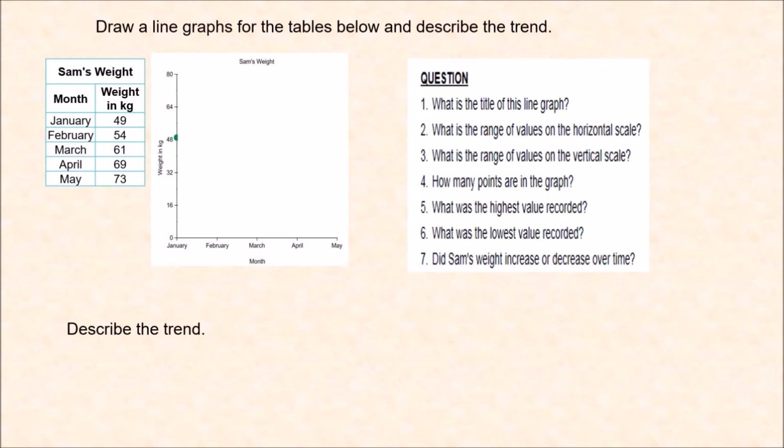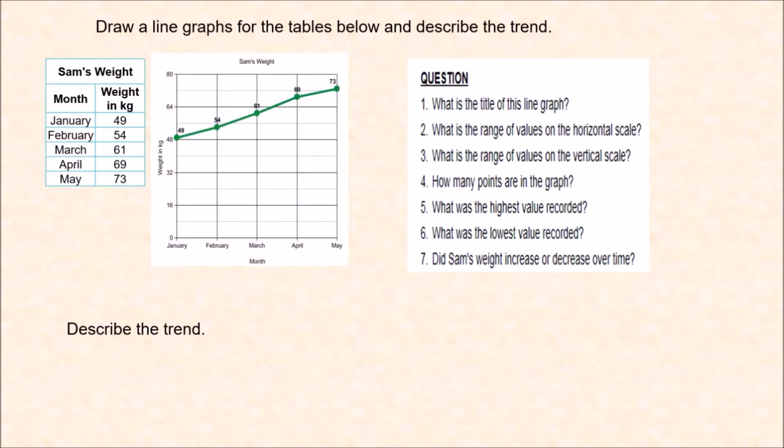If you plot the points, January 49, February 54 kilograms, March 61, we will have this line graph. This trend, as we describe it, is increasing. This means that Sam's weight has increased as the months have gone on. As time goes by, Sam is gaining weight.